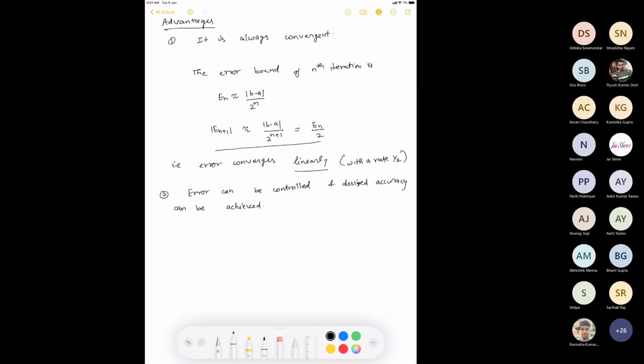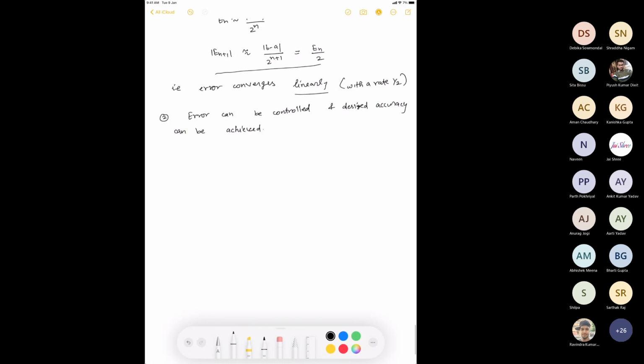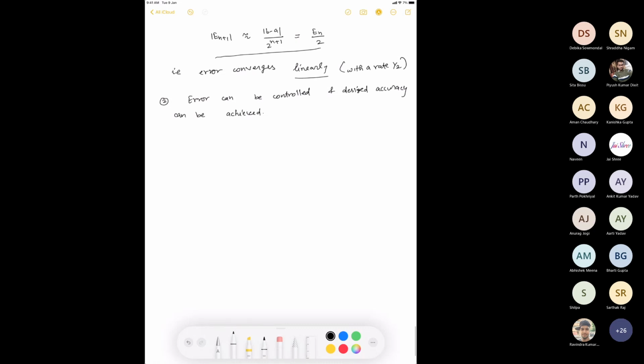Now imagine you start with a very large interval AB, and you choose one of the points A or B very near to the root. Then it will take a very large number of iterations to actually converge to the actual root. So this is a disadvantage of this method.